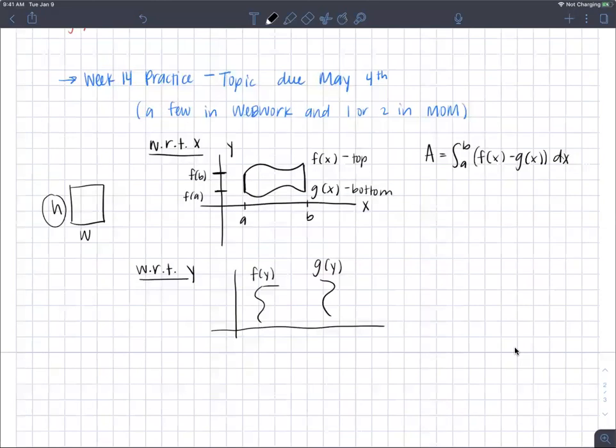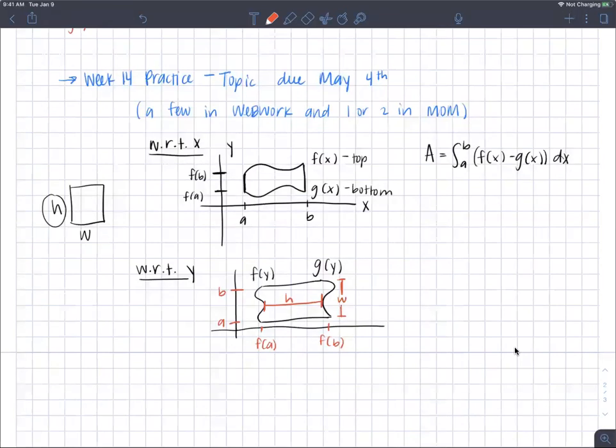If I want to find the area between these two curves, then my height, you have to think about it sideways. Your height is going to be given by this right here, while this is now your width, which is why you need to find, this is A now, and this is B. And then this is f of A, and this is f of B.